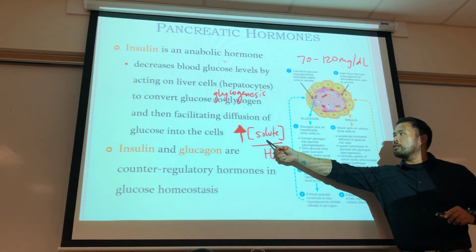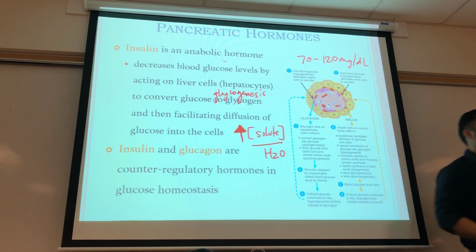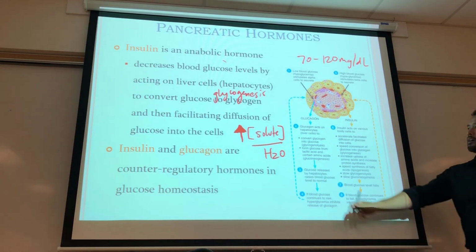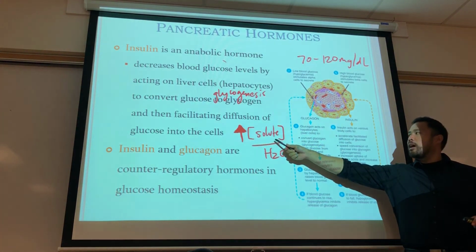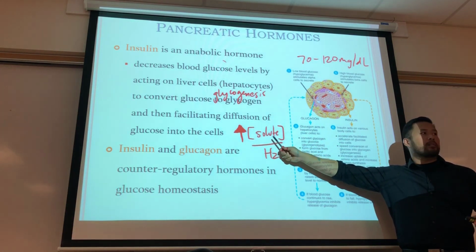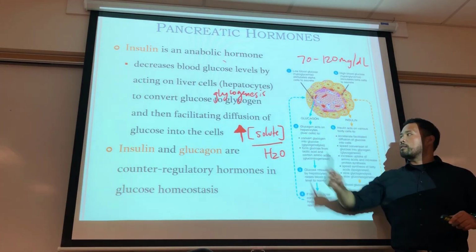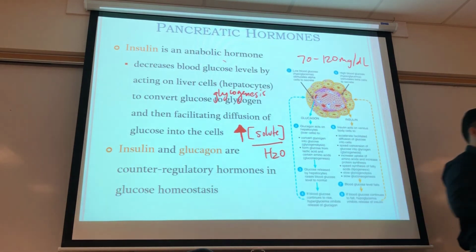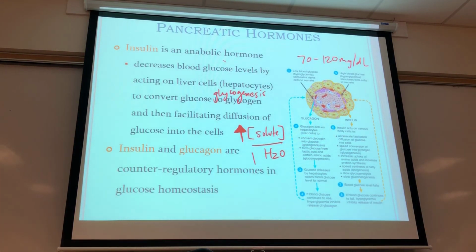So excess solute, we don't want that. In order to balance it, we can either get rid of solutes, which is not something that diabetics are great at doing because they've got all this glucose in there. But the other thing is going to be water retention.